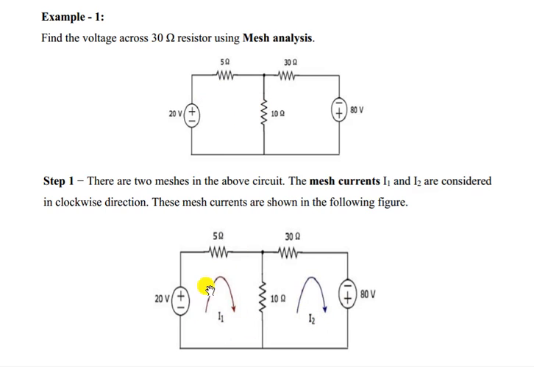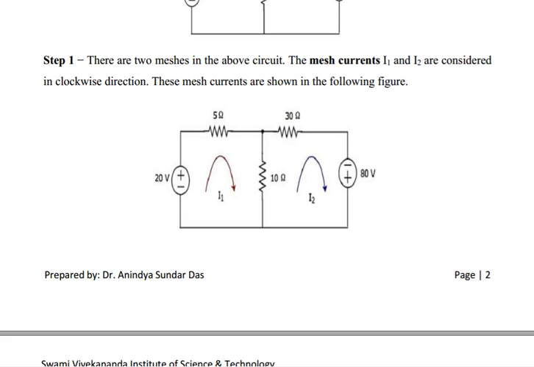The first mesh current is I1, the second is I2, and we take the clockwise direction for both meshes. For a particular problem, if we assign mesh currents as clockwise, all the meshes must be clockwise. You could also do it with anti-clockwise, but you have to follow that procedure consistently.